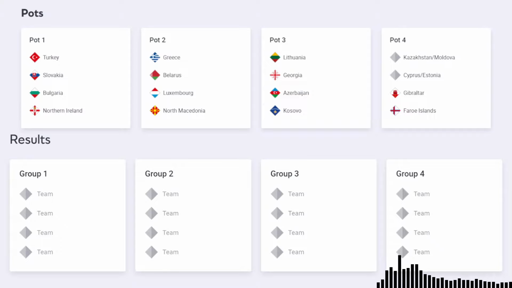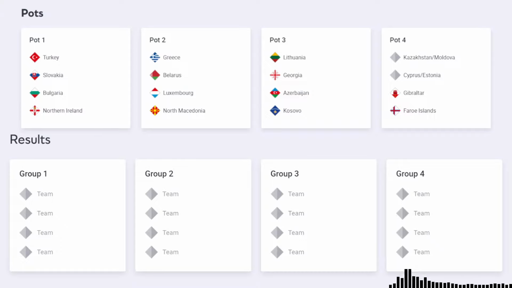Georgia, Azerbaijan, Kosovo, Kazakhstan, Moldova, Cyprus, Estonia, Gibraltar, and Faroe Islands are there. So Faroe Islands to Group 1.